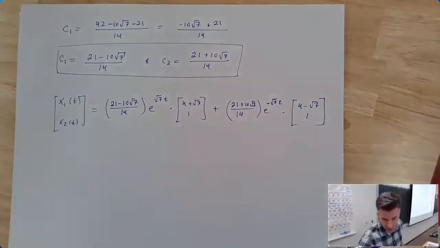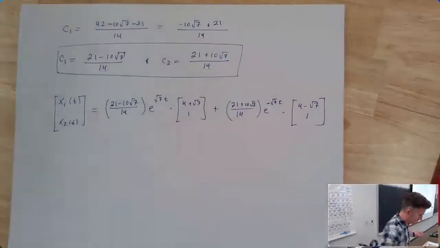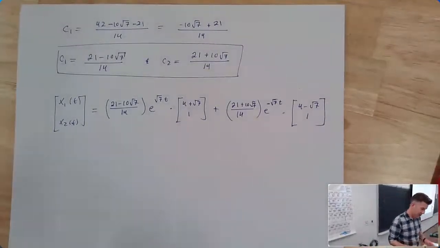The last thing I'll mention with this particular example is that often in your homework, they're asking you to write x1 and x2 separately. If you were actually trying to write this, it would be, again, kind of gross.